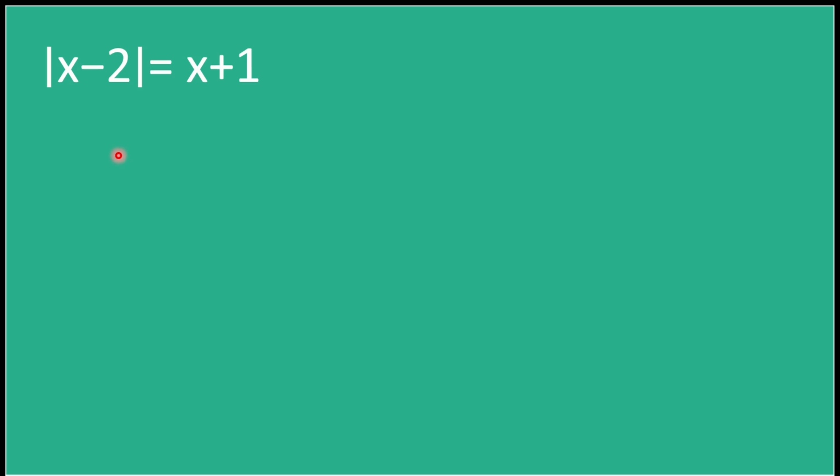And similarly, we can also read it as the distance between x and 2, because this is basically the distance. So the distance between x and 2. These are some ways of reading or understanding this modulus, because many students do not understand the meaning of this modulus or absolute value.